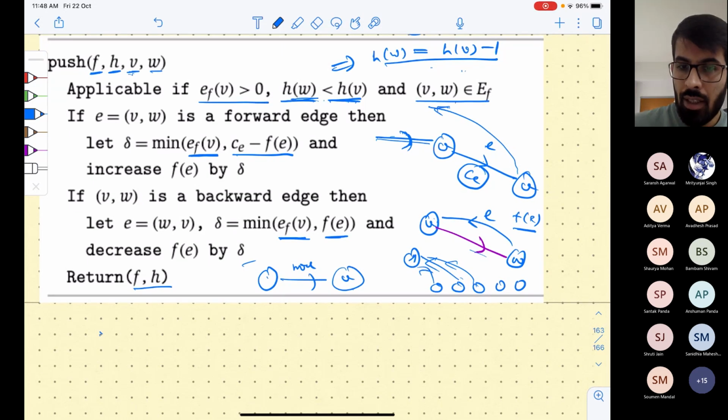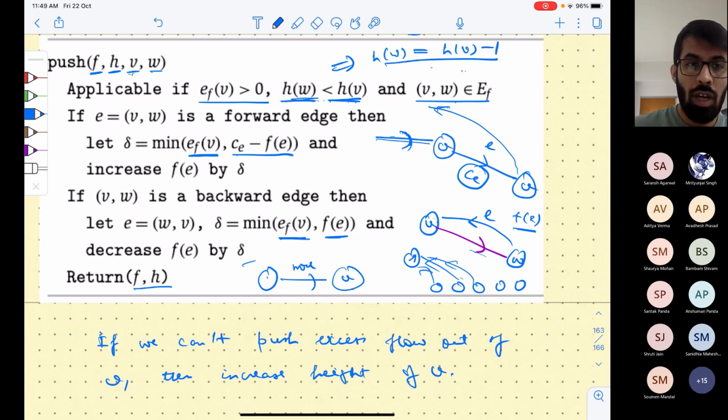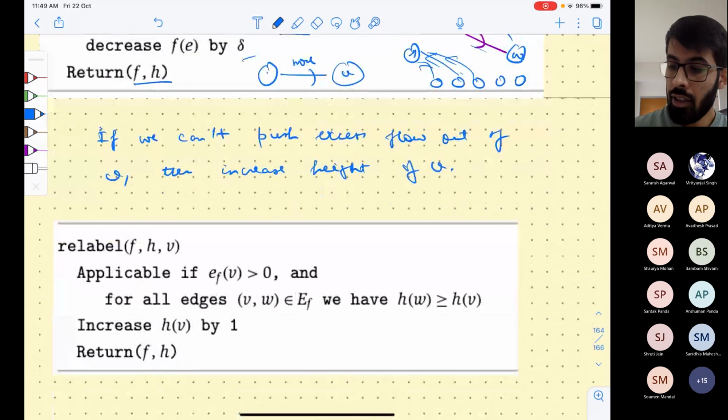So the point is that if we can't push excess flow out of V, then we increase the height of V. Everything that we are seeing going out of V is already either at the same level or above. Then we have to increase the height of V. So that is the procedure relabel.